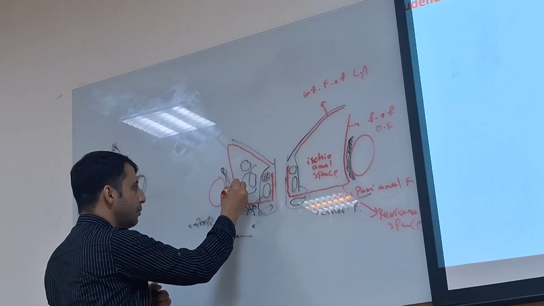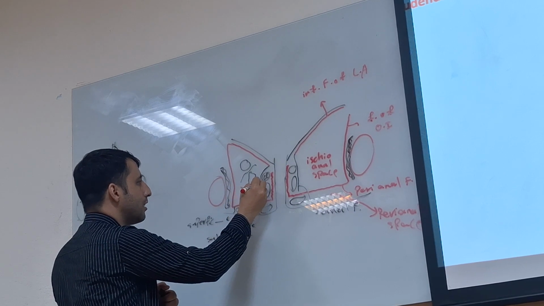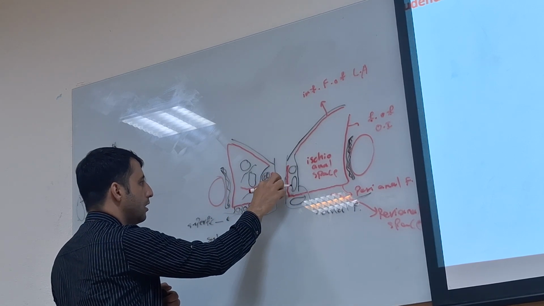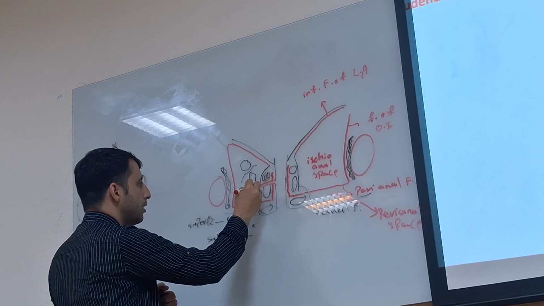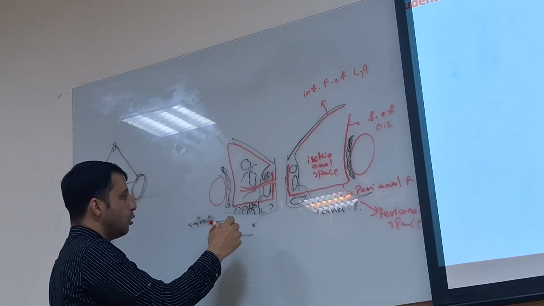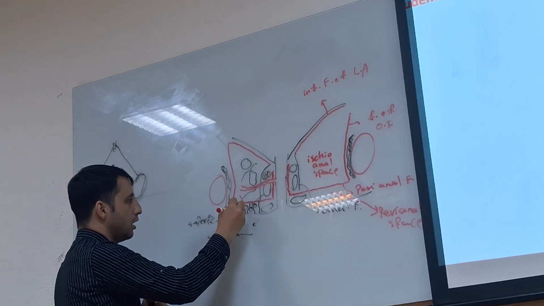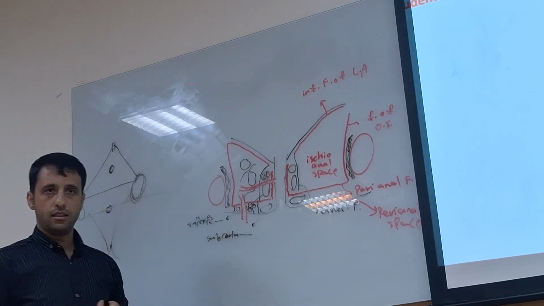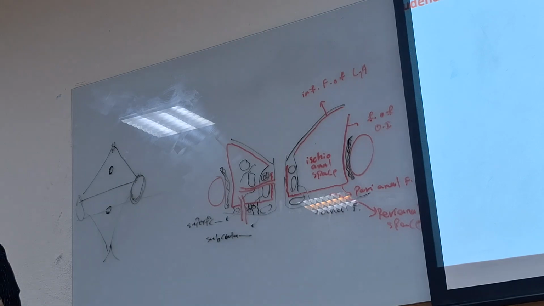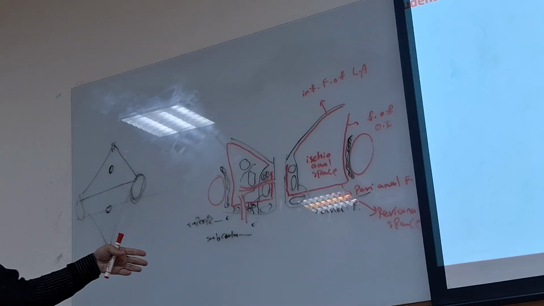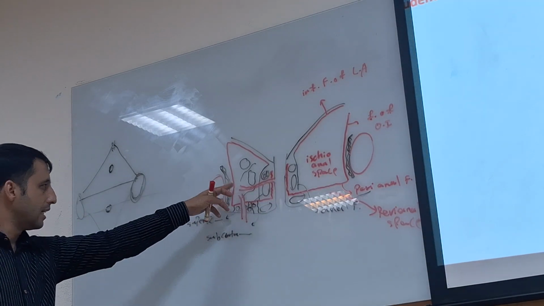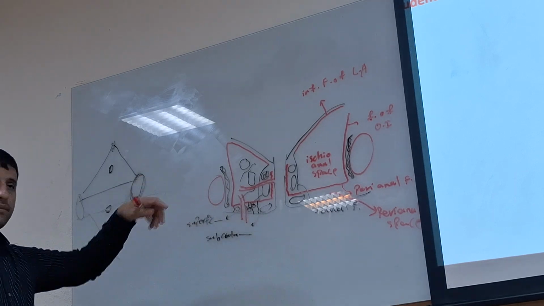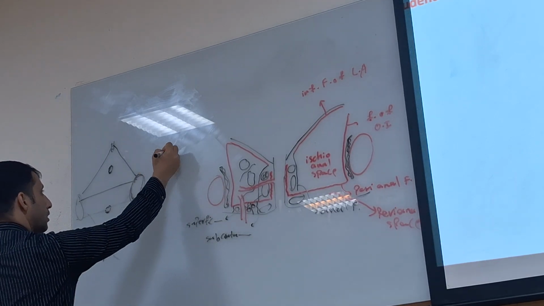For example, maybe this inflammation arrives at this area, or maybe the inflammation arrives at the skin. What is the name of this condition? It is named fistula.